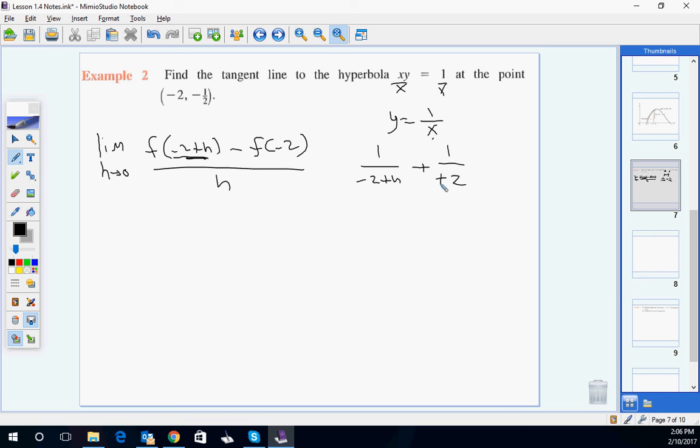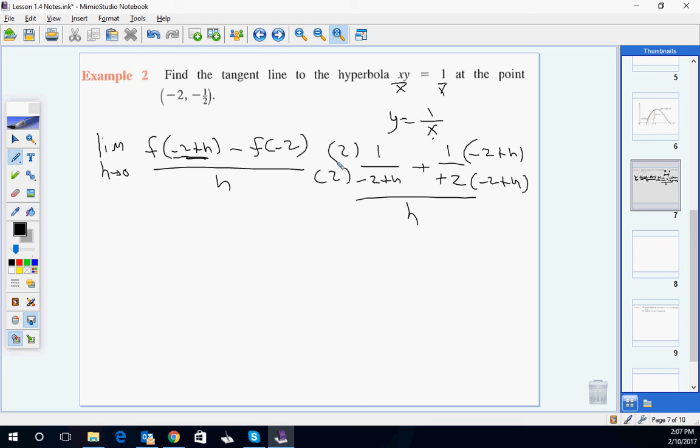I want to put those together. They're still all over h, but I need to get these together. Common denominator. And I can't just do the nice, cool plus h, don't do anything over here, because that's not going to work. You have to do common denominators with multiplication. So I have to do -2 plus h, -2 plus h. And I left a -2 in my notes. I'm not sure why, but I'm going to go for 2 here. Hopefully this doesn't backfire.